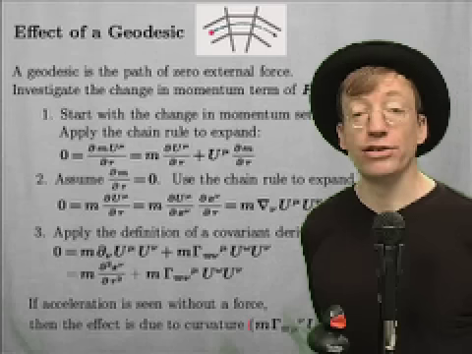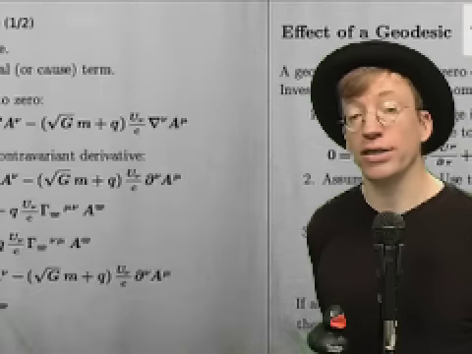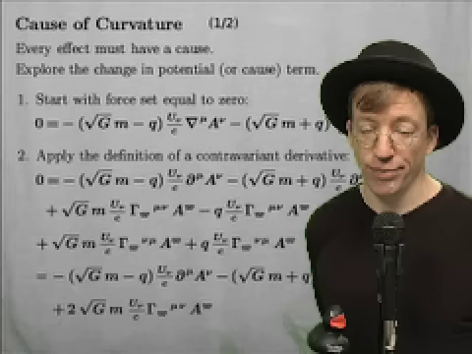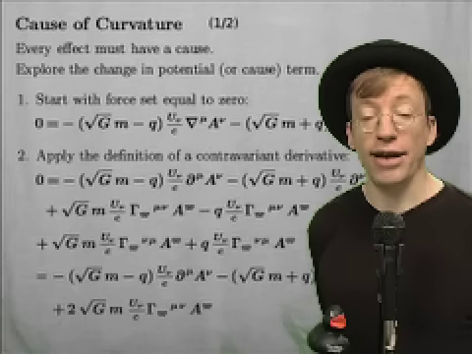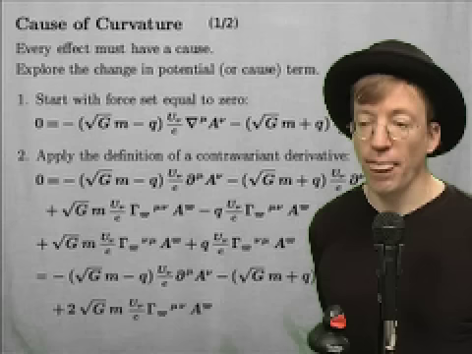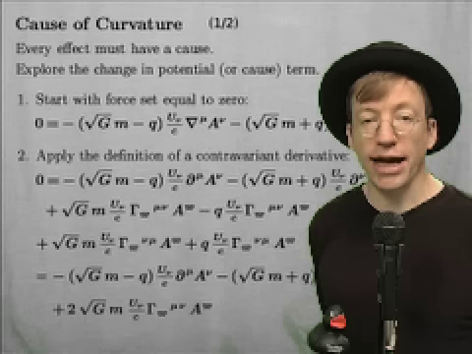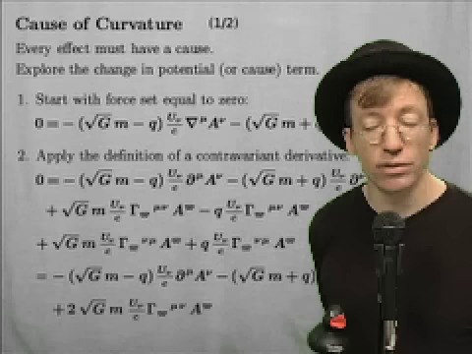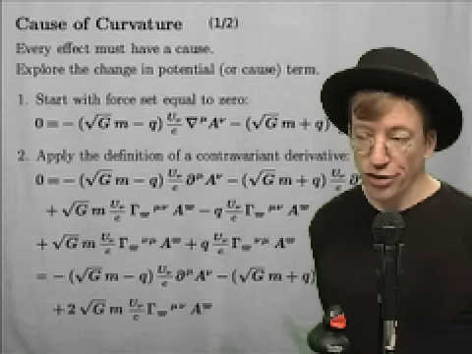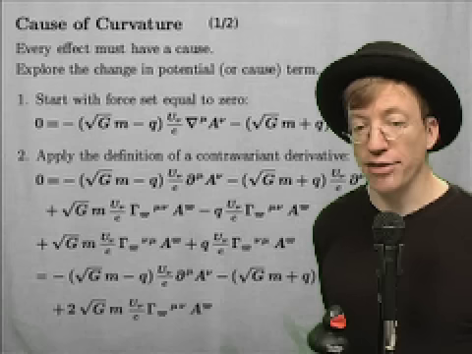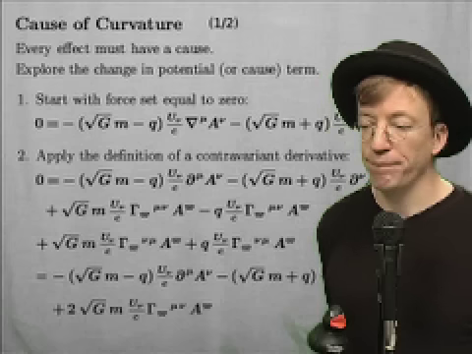Now we think about geodesics on the cause side of the force equation. So we write out the cause side and we imagine that it's 0. And then we again kind of use the definitions of what a covariant derivative is in order to get an expression that's got those Christoffel symbols in it.